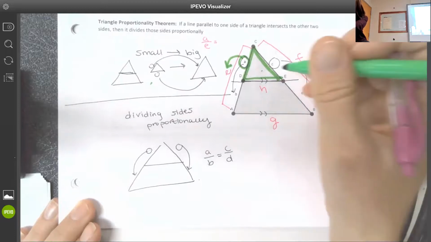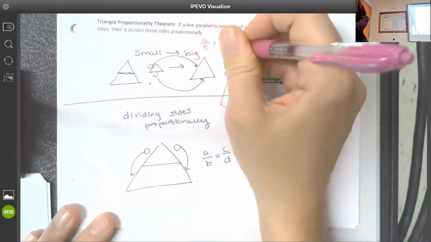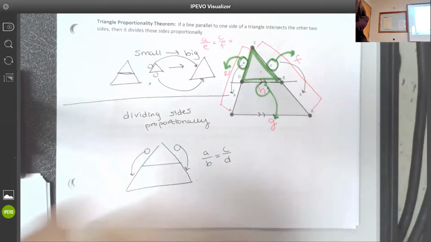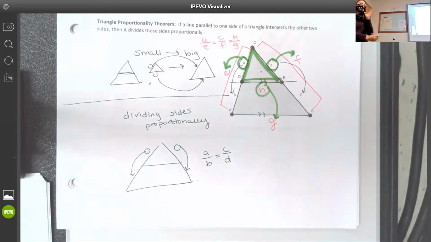C to F. Or I could go down here, H to G. All cases there would work.